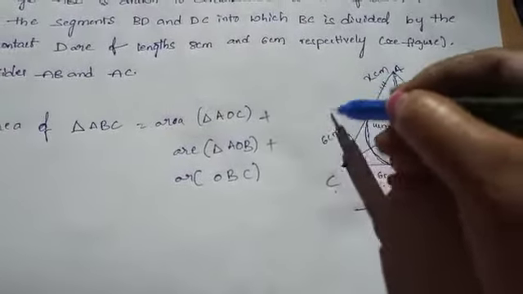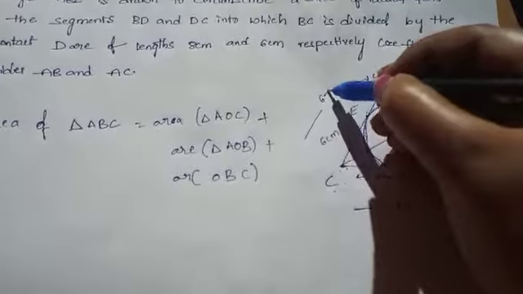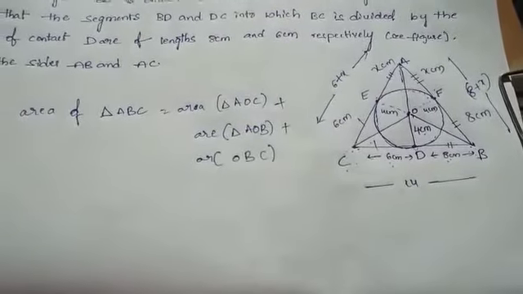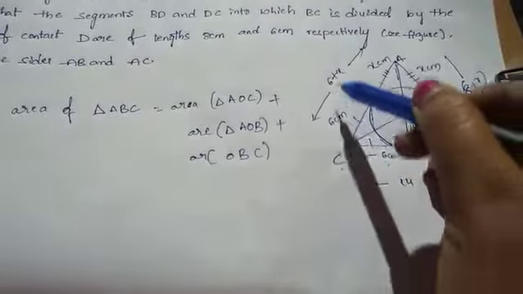AC equal to 6 plus x centimeters. We know all sides of the triangle.